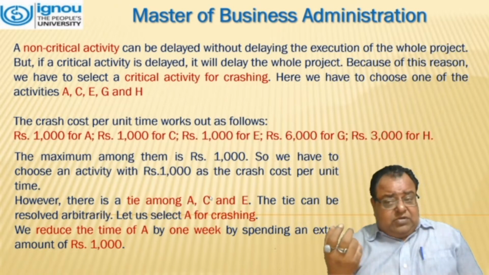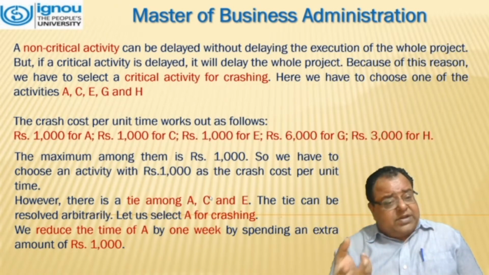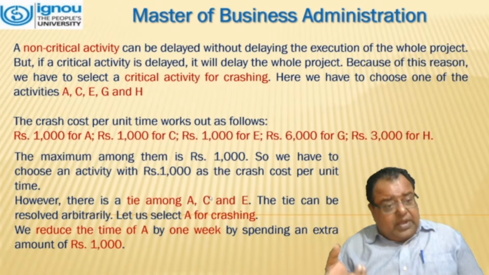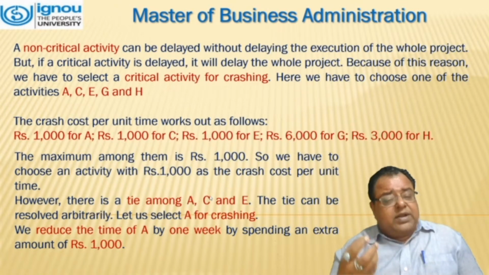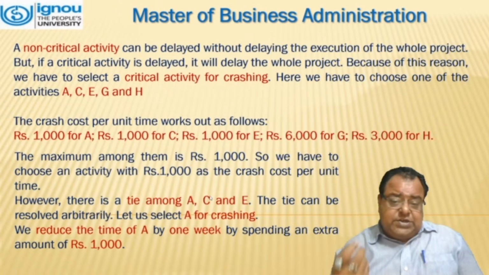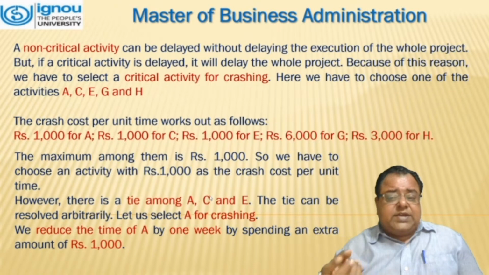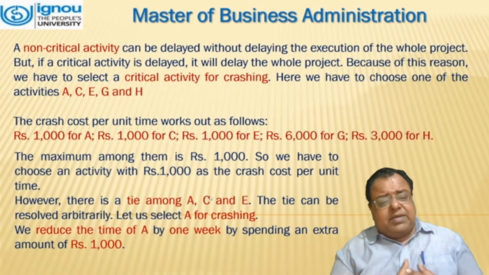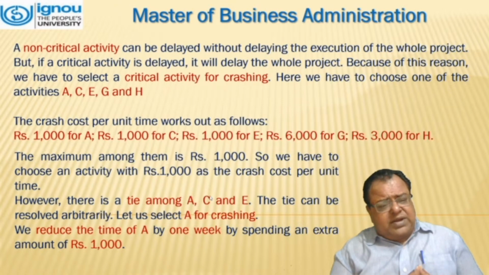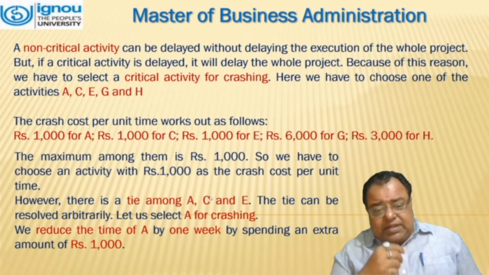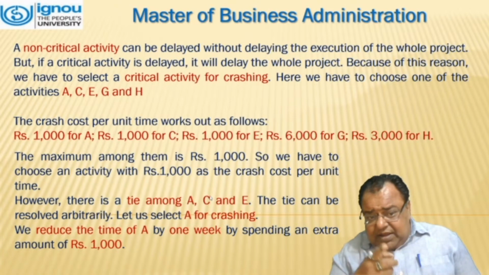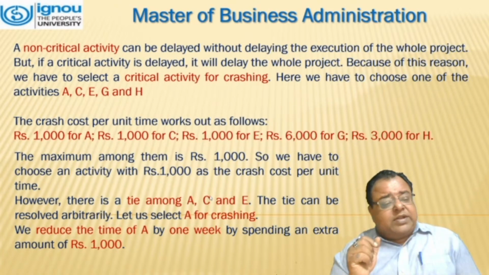Here we have to choose one of the activities A, C, E, G, and H. The crash cost per unit time has been calculated: for A it is 1000, for C it is 1000, for E 1000, for G it is 6000, and lastly for H it is 3000. The minimum among them is 1000, so we choose an activity with 1000 as the crash cost per unit time. However, there is a tie between A, C, and E. The tie can be resolved arbitrarily.